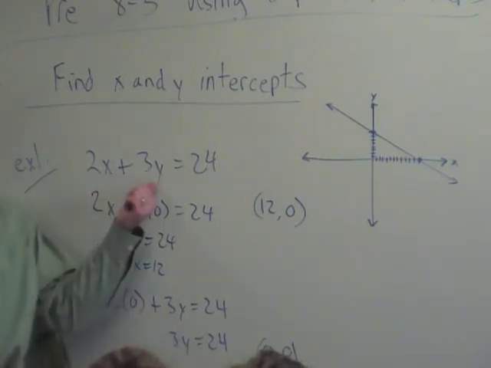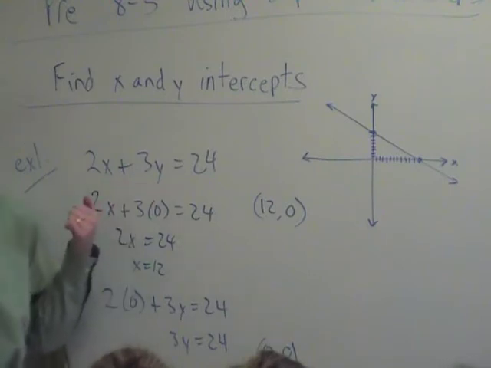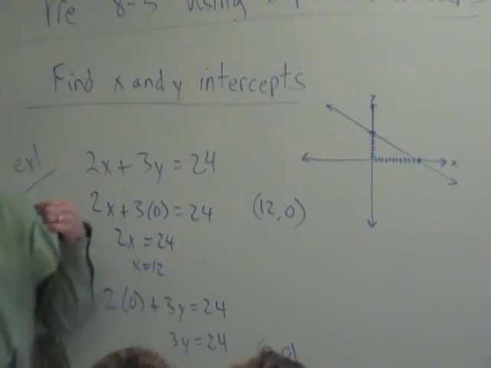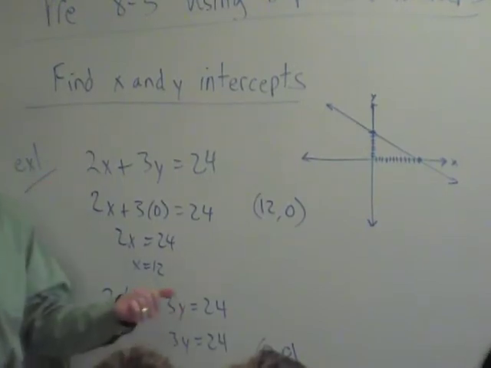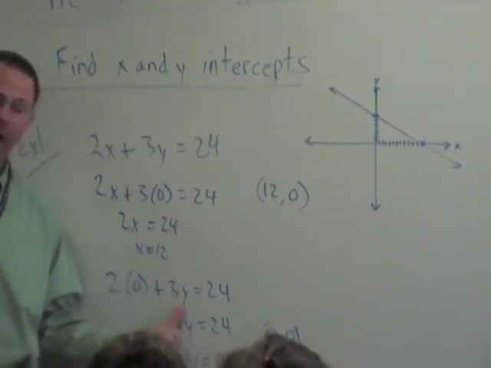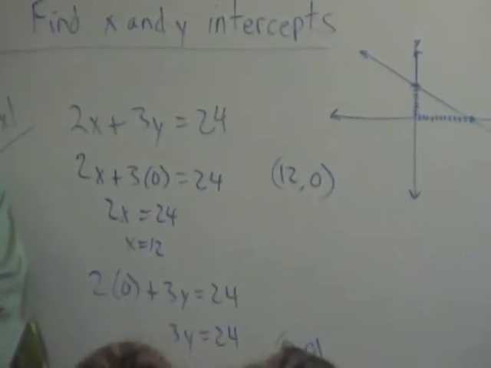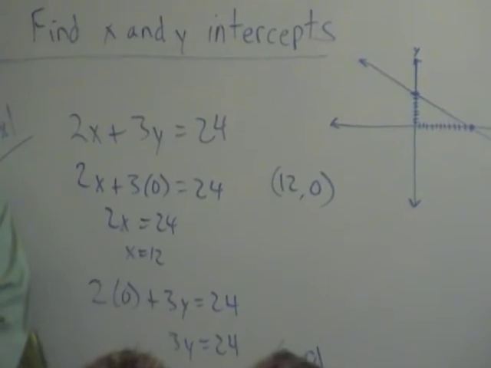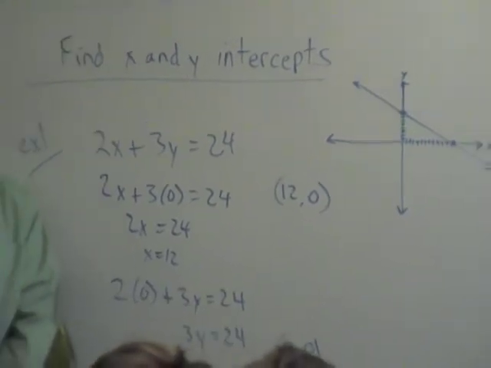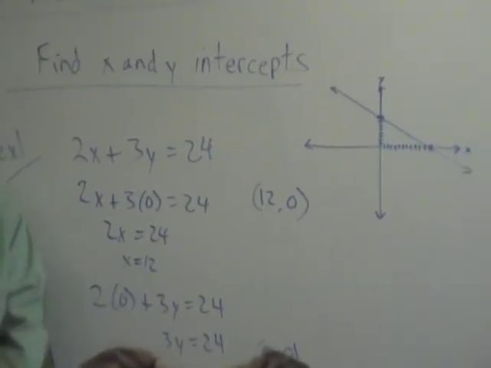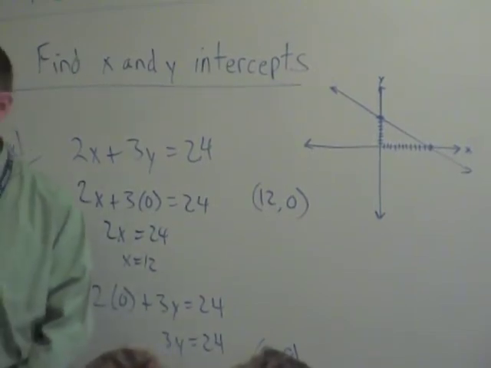You plug 0 in for y, and you find x. That gives you your x-intercept. For the y-intercept, you plug a 0 in for x, and you find the y point. Do you always do that for 0? Yeah, because that's what those values are. No matter what, if you're looking for the x-intercept and the y-intercept, that's what you do.